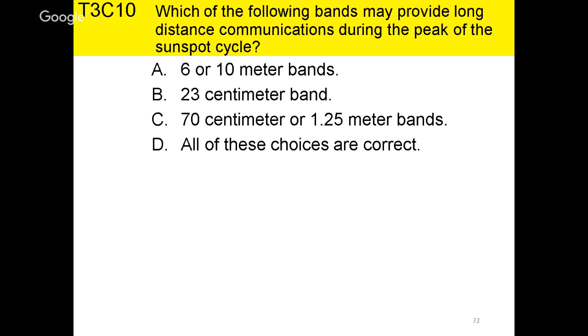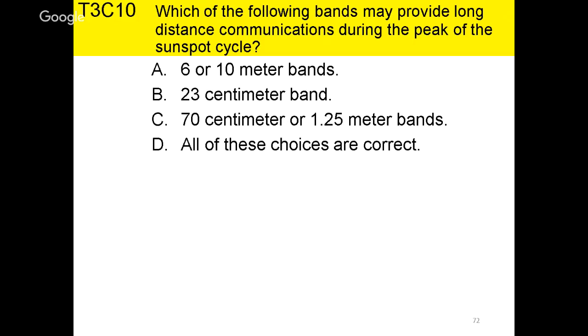Which of the following bands may provide long-distance communications during the peak of a sunspot cycle? Holy smokes, we're kind of on the leading edge of another sunspot cycle. It's kind of slow to start, and it doesn't promise to be very robust this time around. It's cycle 25.